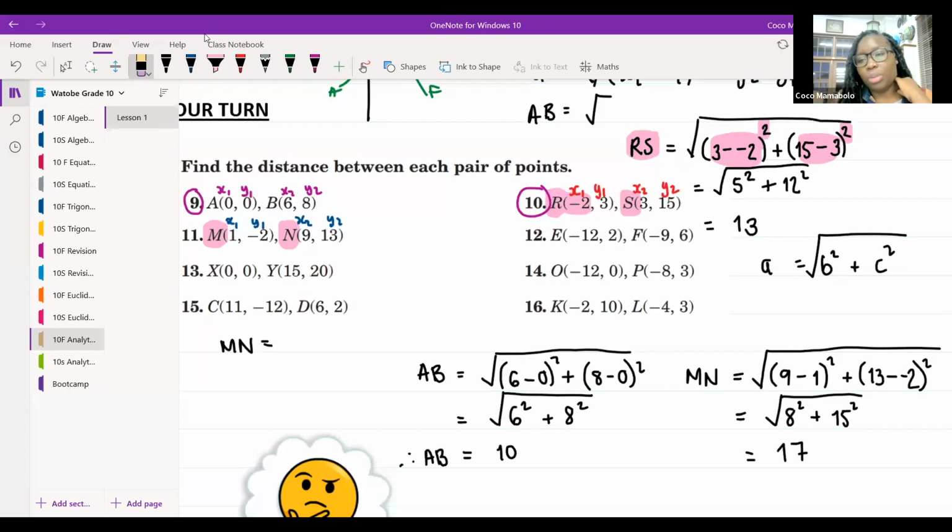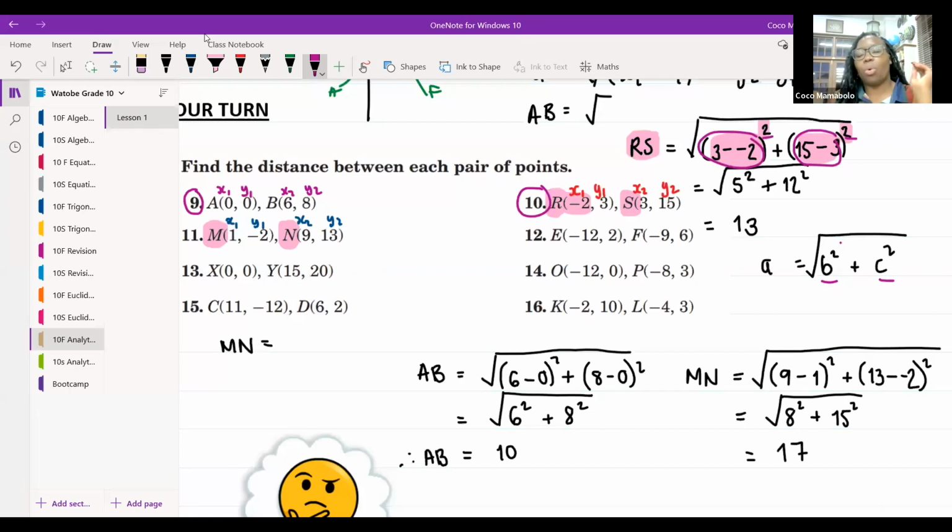We've got the square root of this part squared, plus this part squared. And that's exactly what we're doing. We're taking the square root of my x values squared and my y values squared. So we're actually using Pythagoras. Do you see that? Ma'am, once you start including the x and y's, it becomes difficult.